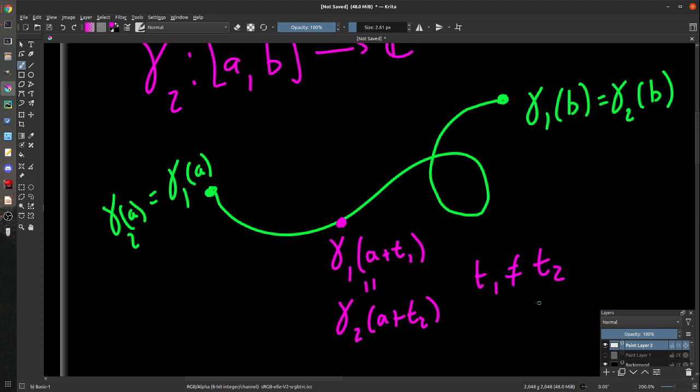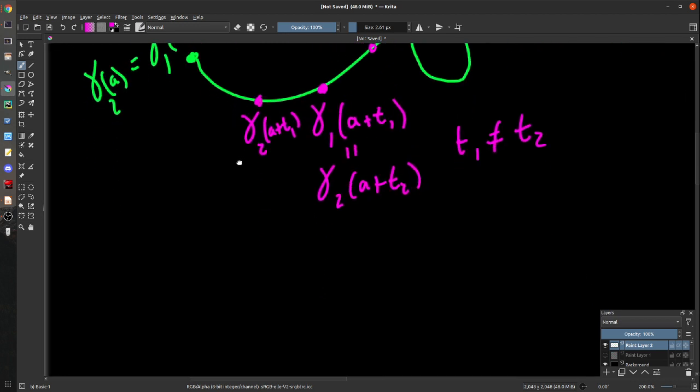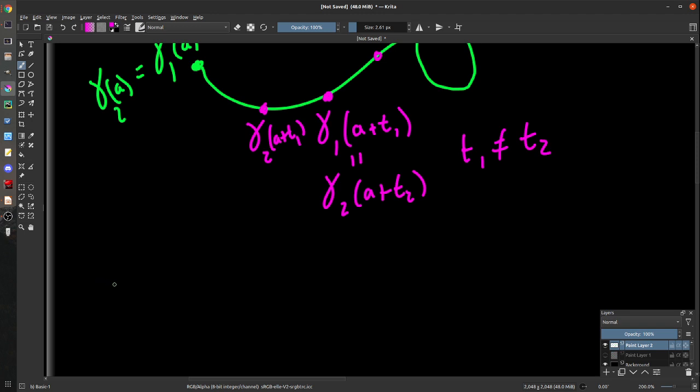Think of it like you've gone a little bit further, but maybe this is back here, gamma 2 of a plus t1, right? And this up here is gamma 1 of a plus t2, right? It's going at totally different speeds. So you can imagine going at very different speeds along the exact same path, and this is the idea of a reparameterization, and that's exactly what the definition basically turns into.